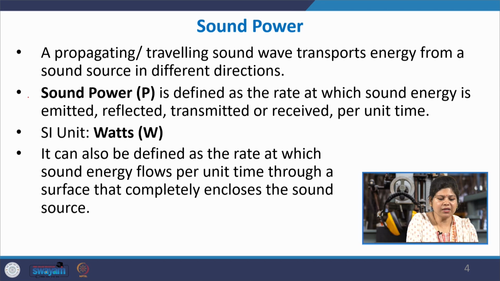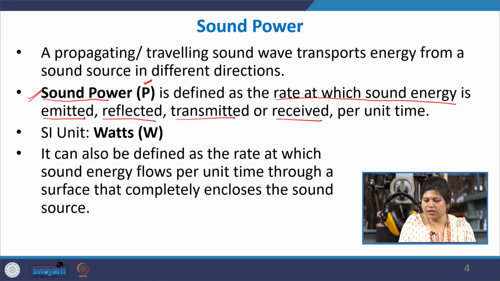So, what is power? It is the energy per unit time or the work done per unit time. Here sound power P, that is the notation we will be using, is defined as the rate at which sound energy is being emitted, reflected, transmitted or received per unit time, depending on the context in which we are measuring it, and the SI unit is watts.